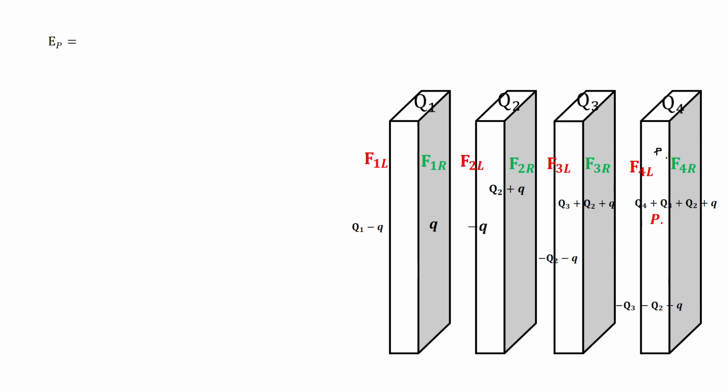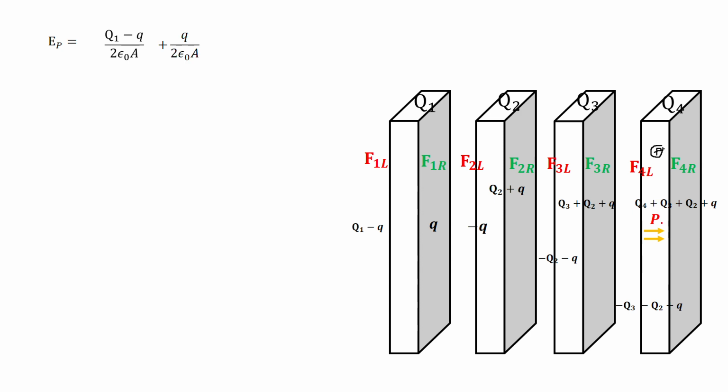So electric field due to Q1 minus Q will be towards right, and I am writing this rightward direction as positive. So the electric field due to Q1 minus Q will be Q1 minus Q divided by 2 epsilon naught. Similarly, Q will also push the positive charge towards right, so the electric field will be in rightward direction, and the magnitude will be plus Q divided by 2 epsilon naught.